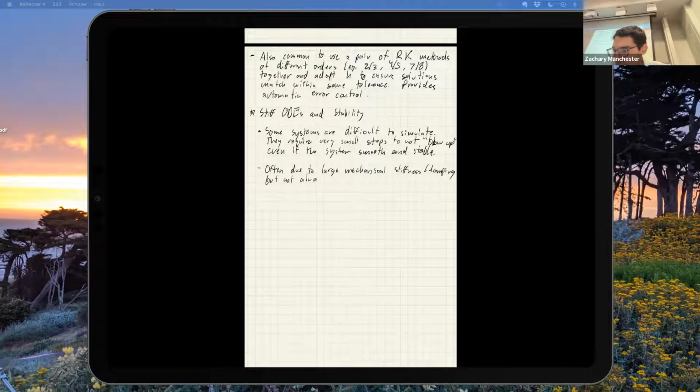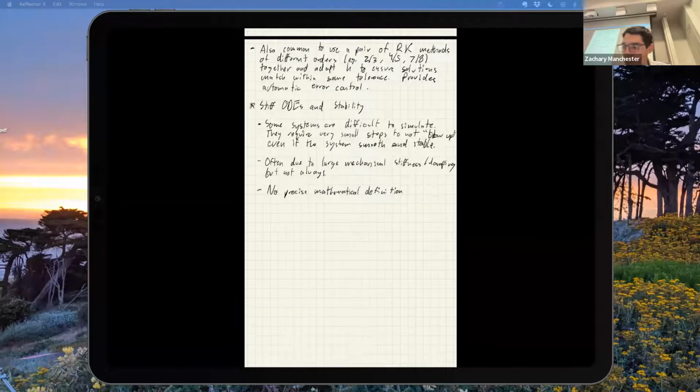Which is why a strict mathematical definition of this thing is elusive, and kind of hilariously so. There's no precise definition.